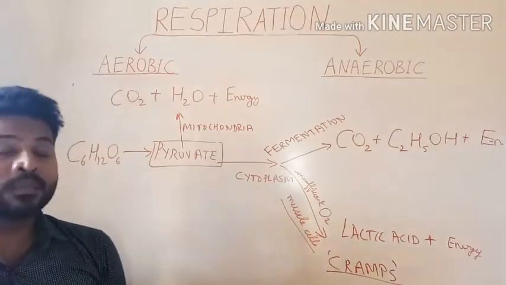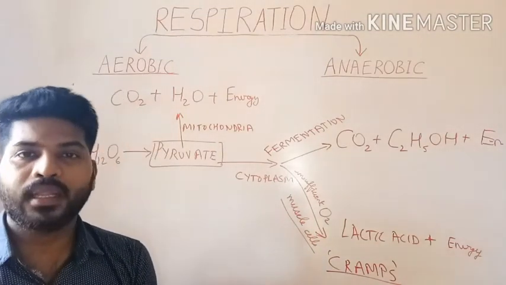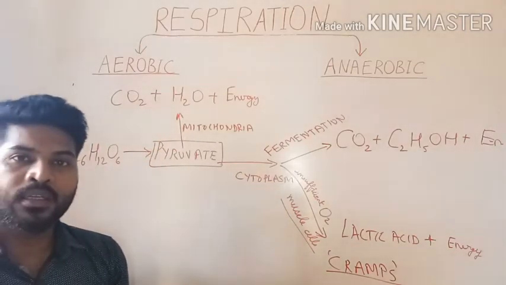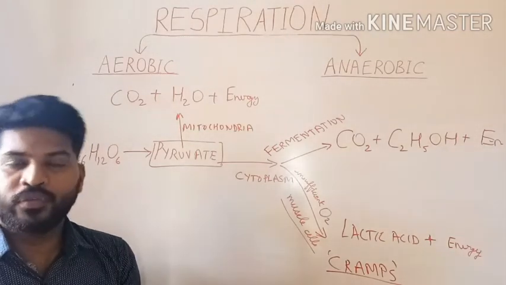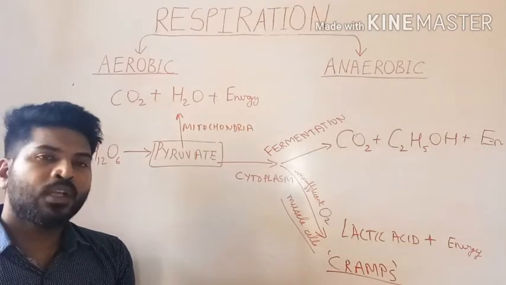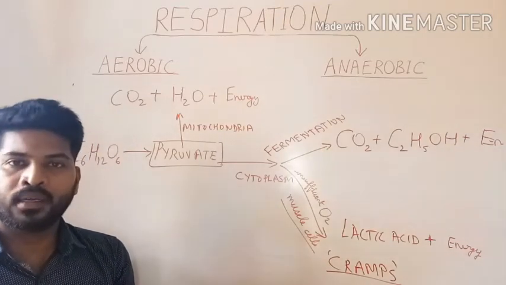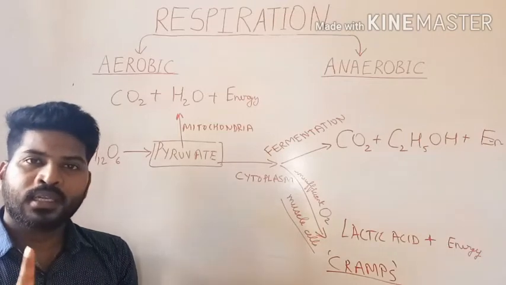Different organisms have different methods of obtaining oxygen required for breakdown of food. For example, in the case of unicellular organisms like amoeba, bacteria or protozoans, it is only a single cell.